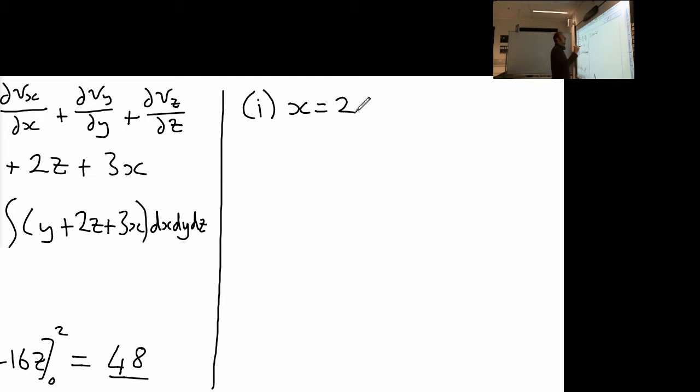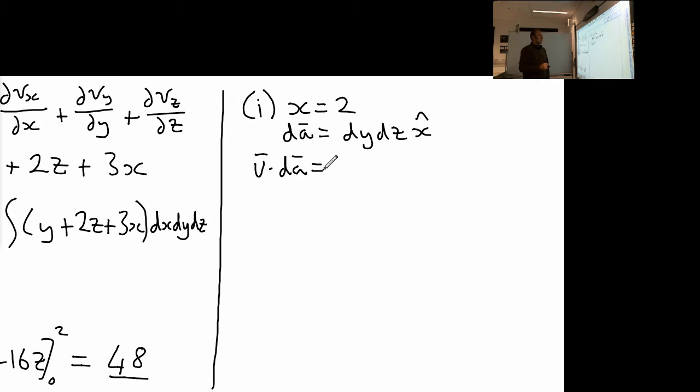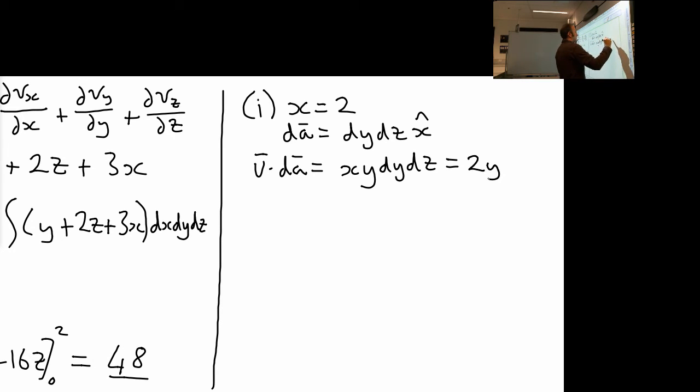Here I have x equal to 2, and our infinitesimal displacement area, dA, is equal to dy dz x hat. So now when we do v dot dA, remember x hat dot x hat is equal to 1, x hat dot y hat is equal to 0. When we do v dot dA, what we get here is xy dy dz, which of course is going to be equal to 2y dy dz.